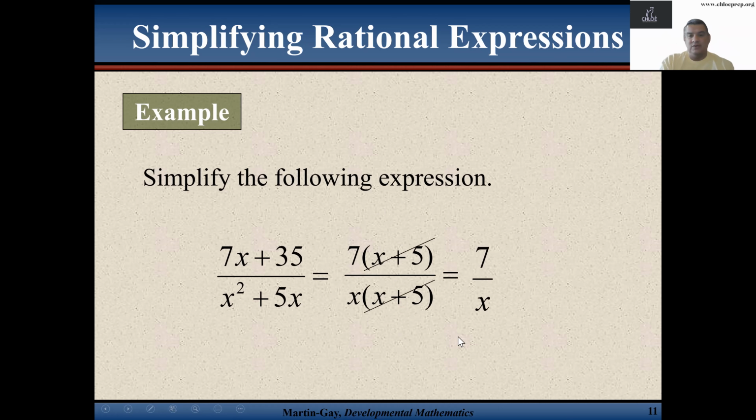And if I told you x is 1, then it's 7 over 1. X is 3, 7 over 3, which is a lot easier than me telling you x is 3 over here. And you're like, 7 times 3 is 21 plus 5 times 1, 3 to the power of 2 is 9 plus that. It's just a lot more work. So now we simplified it so this is easier.